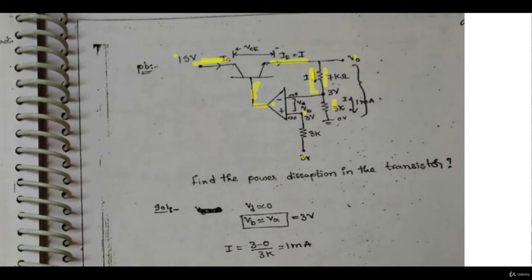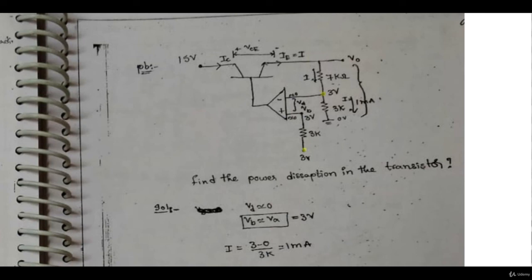Now you have to calculate the power dissipation in the transistor. For power dissipation in the transistor, you need the VCE value and the current flowing across it. First of all you can calculate the voltage. This is 3 volt, which means this is 3 volt virtual ground.